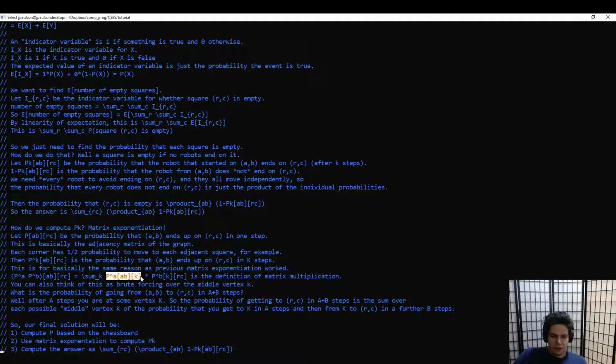This is the probability that you got to K in a steps, and this is the probability that you got from K to RC in b steps. And so this is the probability that you got from AB to RC in a plus b steps going through K, and you must have gone through some K. So this is the probability that you went from AB to RC in a plus b steps at all.